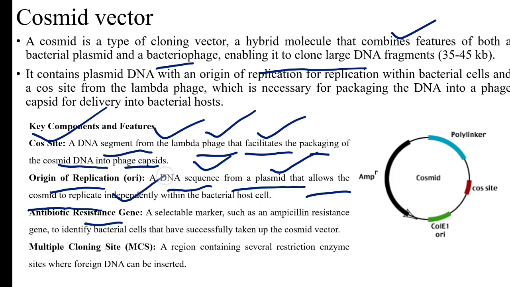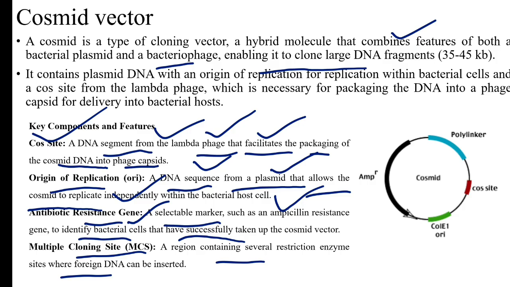Then an antibiotic resistance gene, a selectable marker such as the ampicillin resistance gene, to identify bacterial cells that have successfully taken up the cosmid vector. Then it should have a multiple cloning site, a region containing restriction enzyme sites where foreign DNA can be inserted.